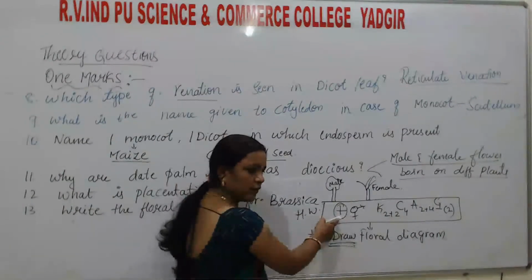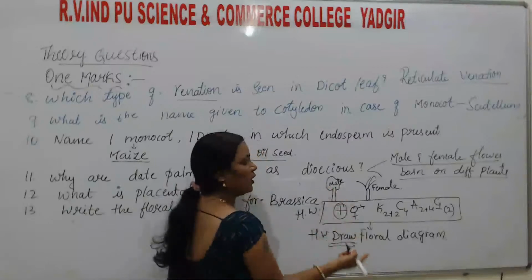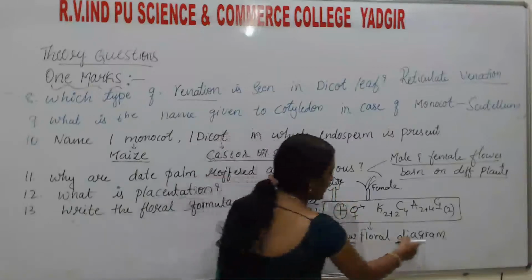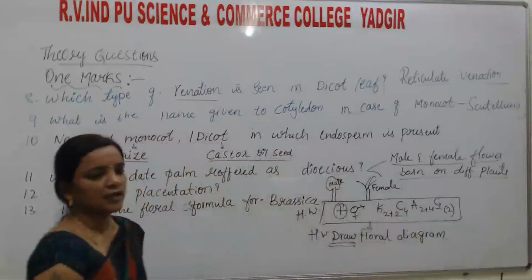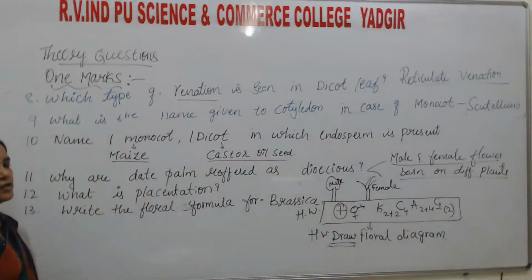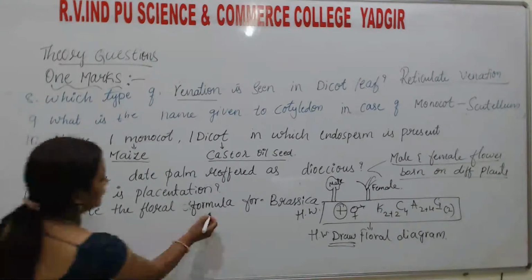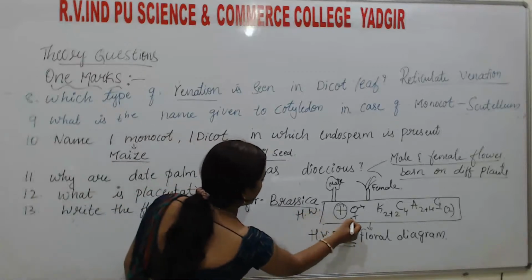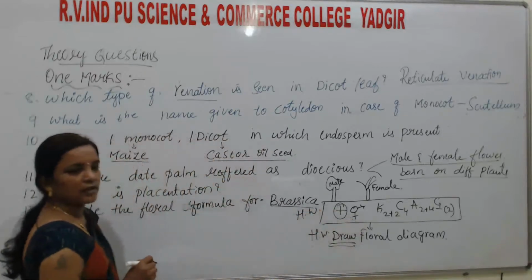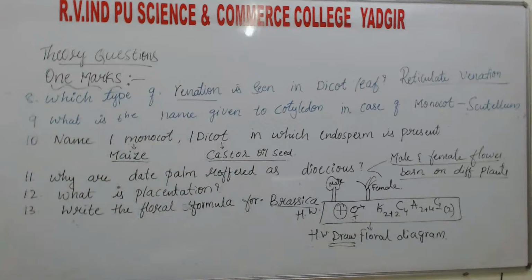By seeing this floral formula, draw the floral diagram. That is Brassica. It is there in NCERT. The term used is Brassicaceae. Answer for this Brassica is this one. Okay. Next.